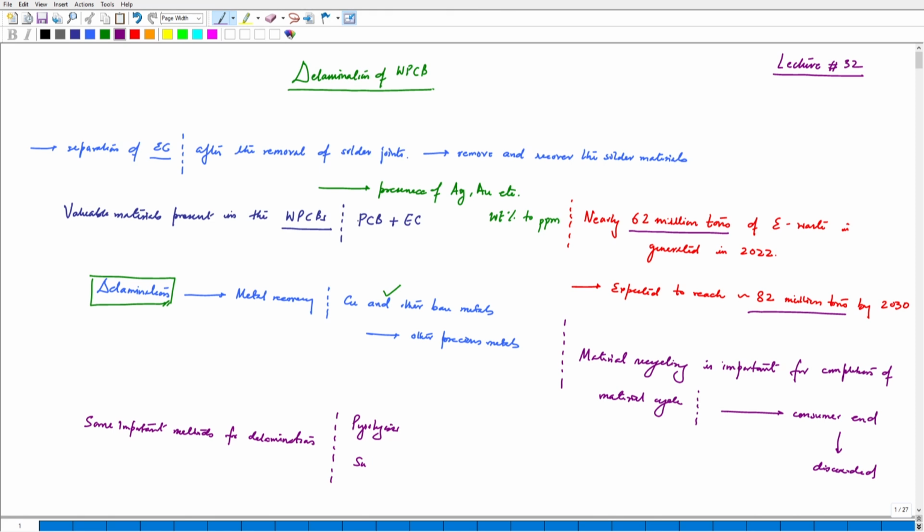Supercritical fluid extraction and organic solvent swelling. Somebody might want to rewrite it as organic swelling as well. So both the terms can be used, organic swelling or organic solvent swelling. Basically, we are going to use organic solvents.